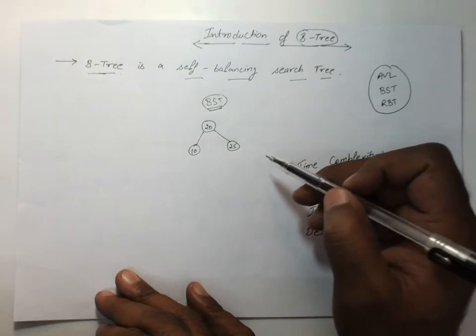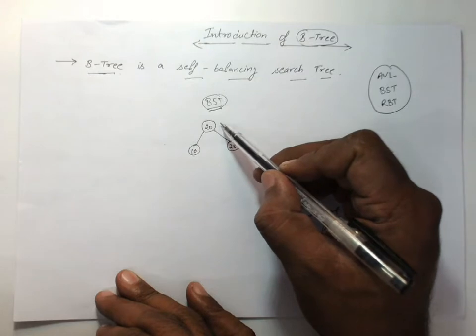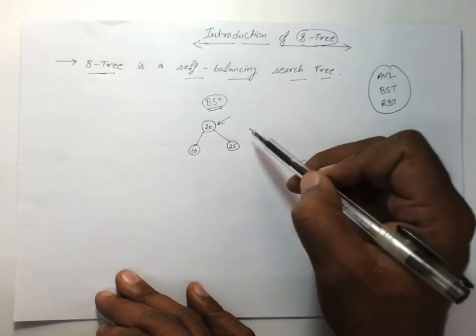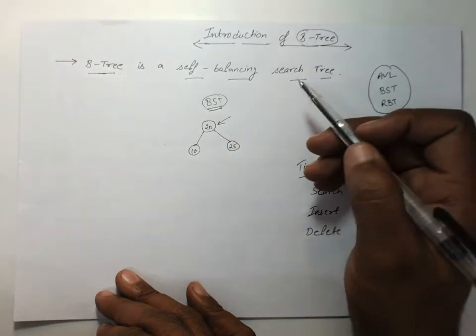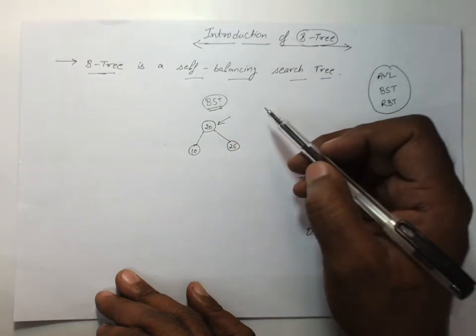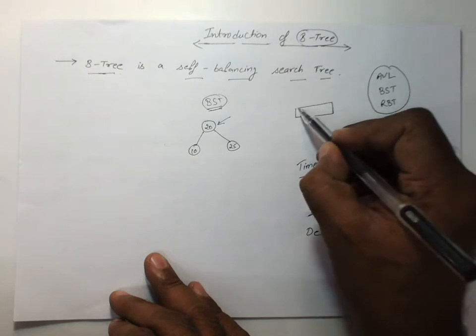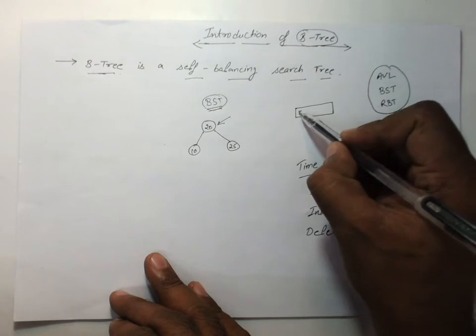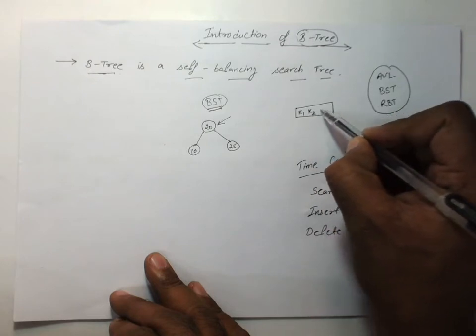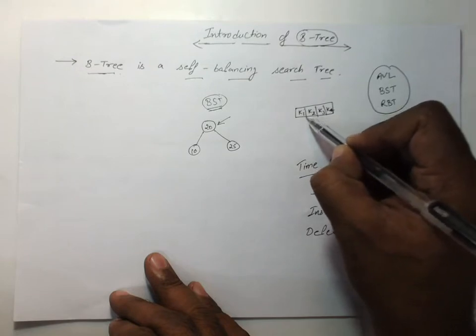But in a binary search tree, in a single node we can store only one key value. In a B tree, there is no such restriction. You can store K1, K2, K3 and K4 as per requirement.